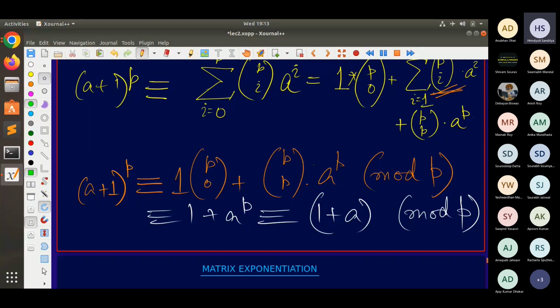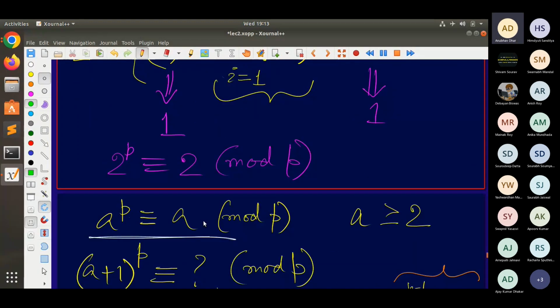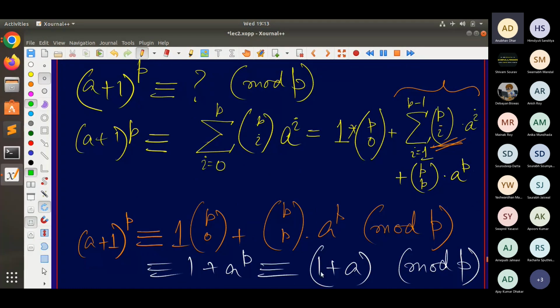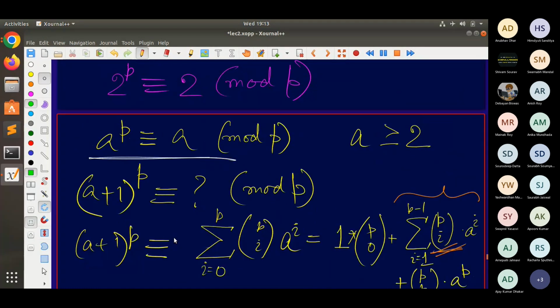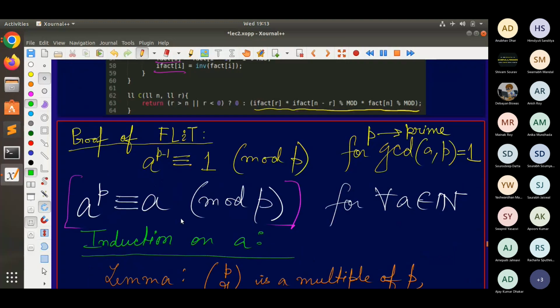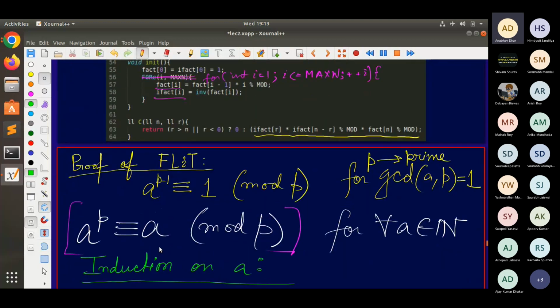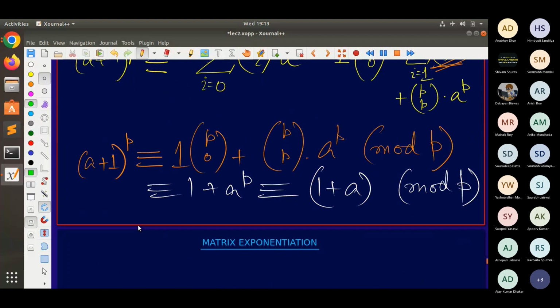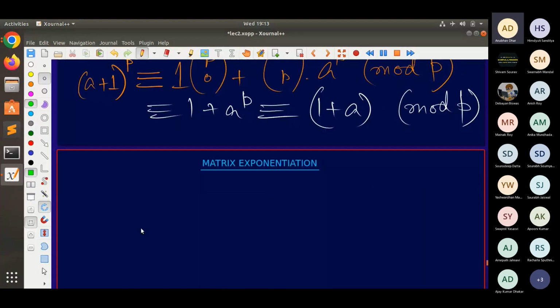So if a power p is congruent to a, then a plus 1 power p is also congruent to a plus 1. There is a thing that I didn't quite rigorously explain, why this implies this for a and p coprime, but I think you can figure this out. Okay, so we are done with the proof.